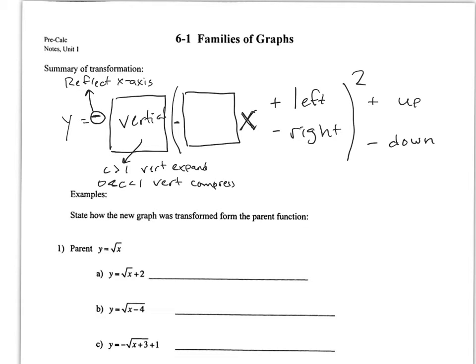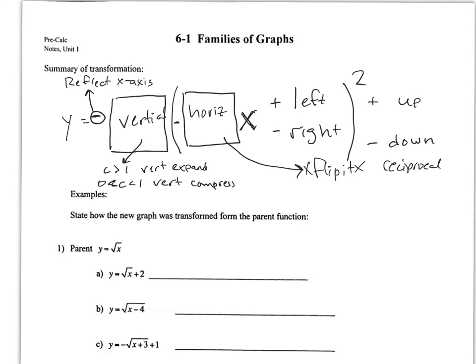Now inside here, this is going to control horizontal. Now remember I said inside the parentheses or the brackets, things get weird. They end up being opposite or different. So the first thing you want to do is take the reciprocal. You definitely want to take that number, whatever it is, and flip it. If it's a fraction, flip it. If it's a whole number, flip it. So do the reciprocal.